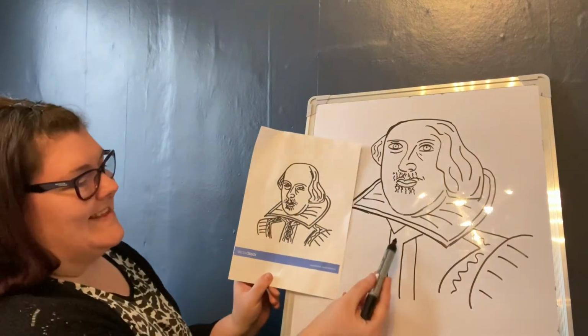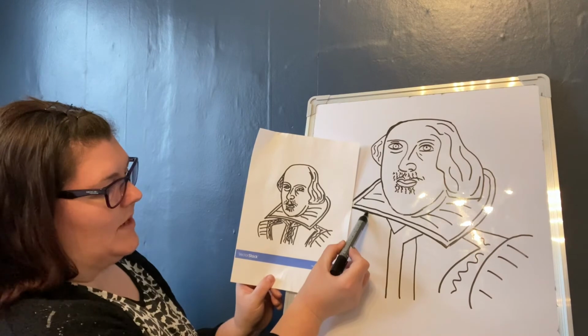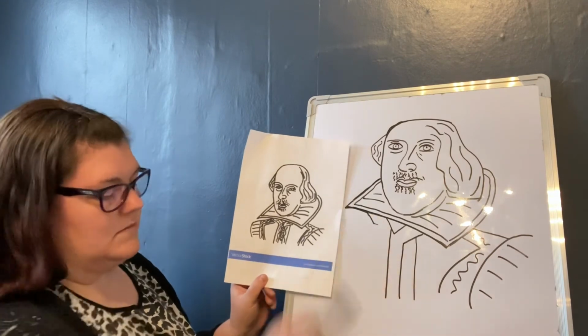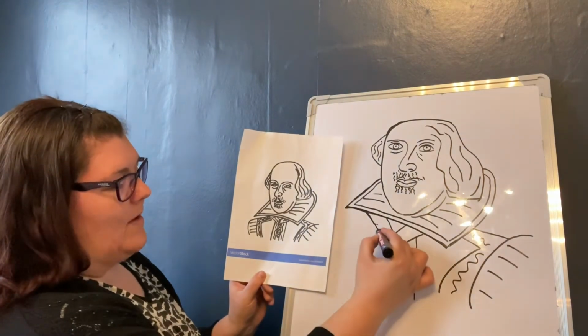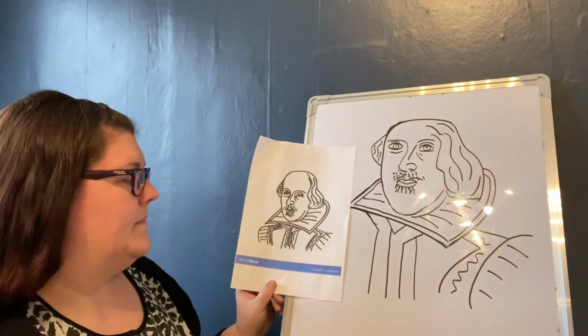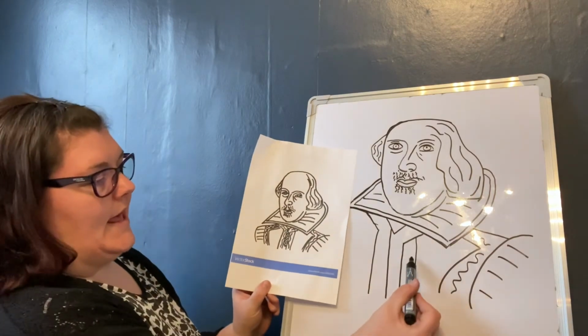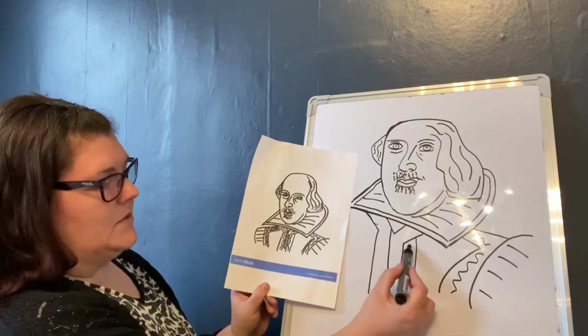Now we're going to come to this side. So I'm going to come up to his collar and I'm going to slide into that middle line again. And then I'm going to come out a little bit, like that. Now, here, in this first column, we're going to do a wiggly line.